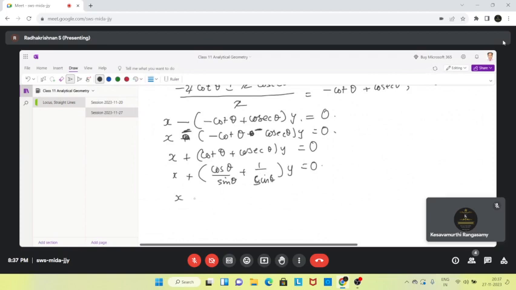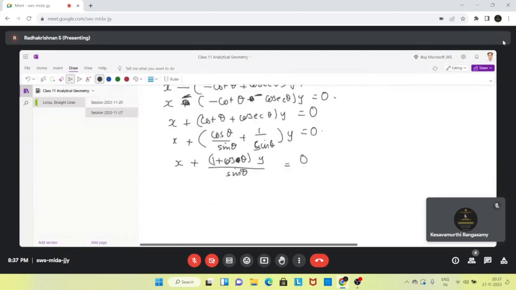So that means x plus (1 plus cos theta) by sine theta into y equal to 0. So you multiply by sine theta, you get x sine theta plus (1 plus cos theta) y equal to 0.